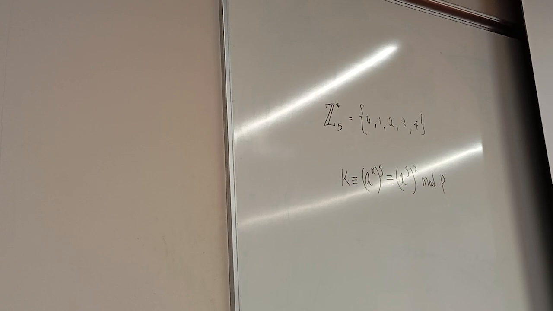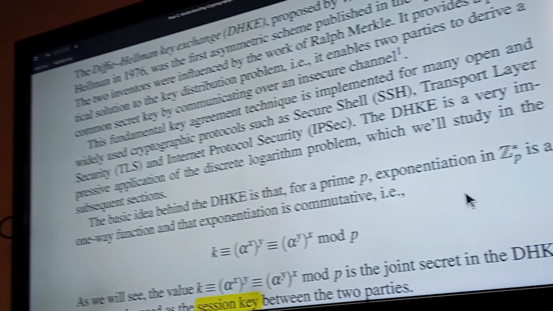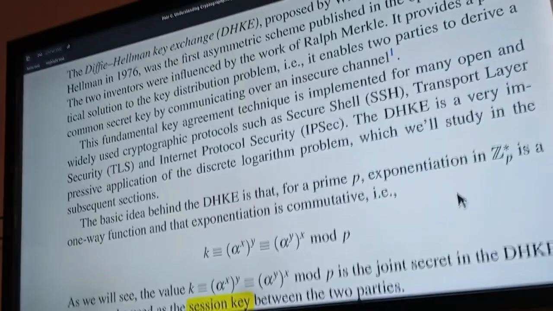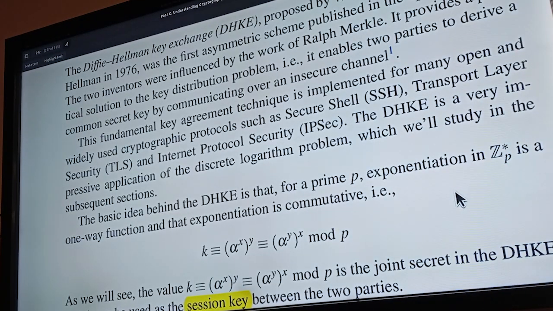So why do we have this computation here? It's because we actually want to find a way to exchange a common secret between the parties involved, Alice and Bob, or as many individuals who would want to communicate with each other.